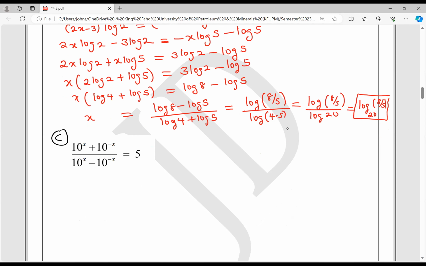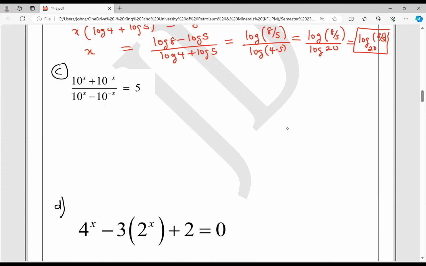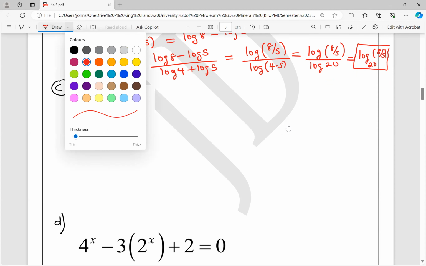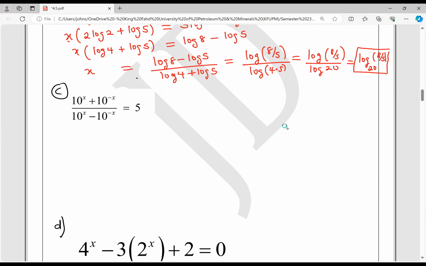All right. Now let's see another type of exponential functions, exponential equation. So for this one, what we can do is, first of all, cross multiply.